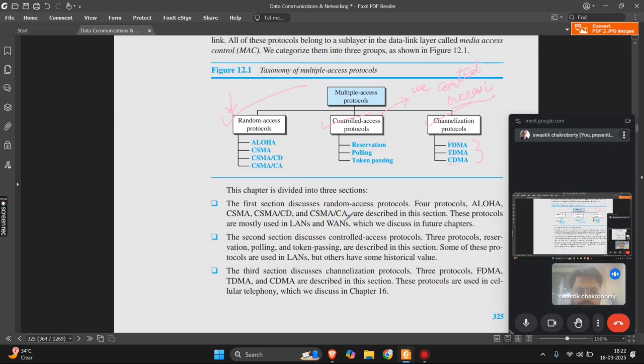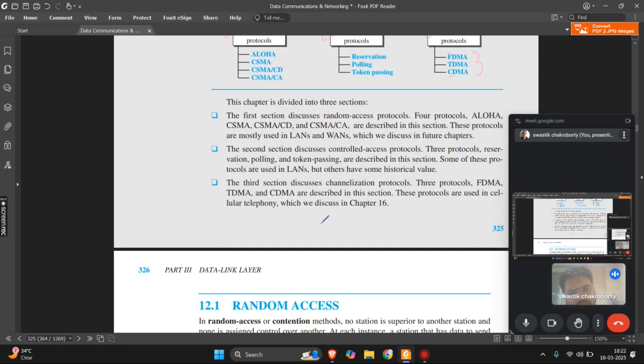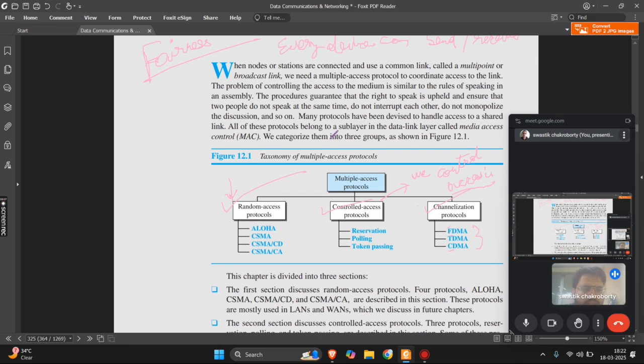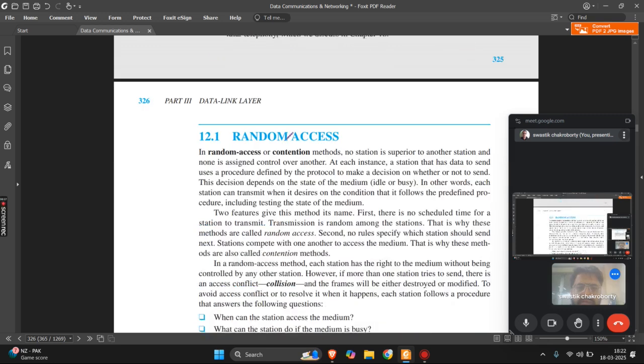First we will discuss random access protocols, and then controlled access and channelization protocols. All this multiple access task is handled by the media access control, or MAC, sublayer of the data link layer.